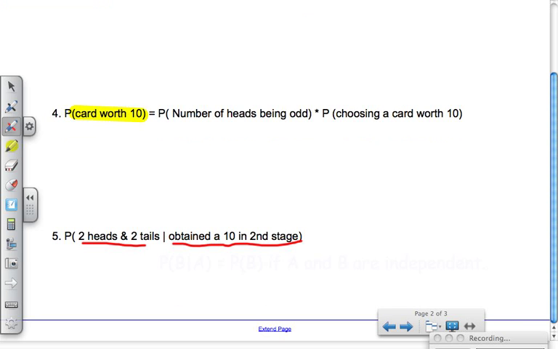So you have to remember this relationship for conditional probabilities: when you are asked to find the probability of A given B, if A and B are independent, this just equals the probability of A. So for this problem, you just need to compute the probability that you have 2 heads and 2 tails.